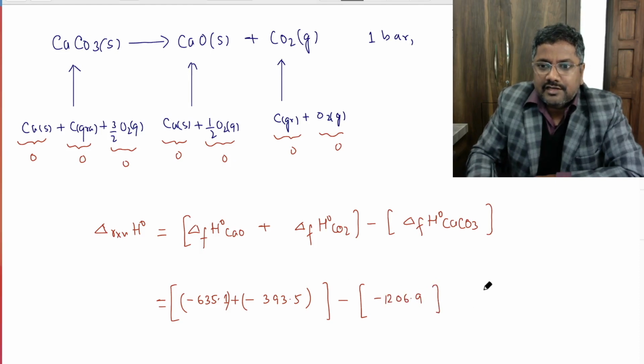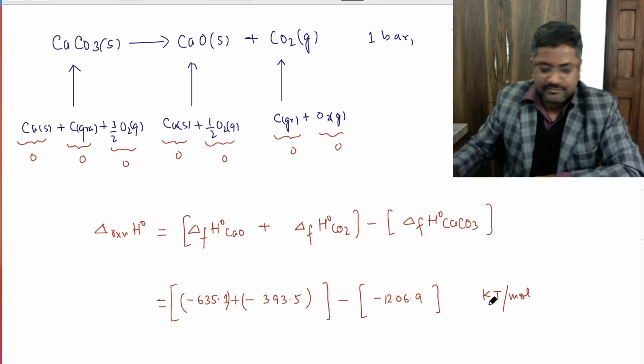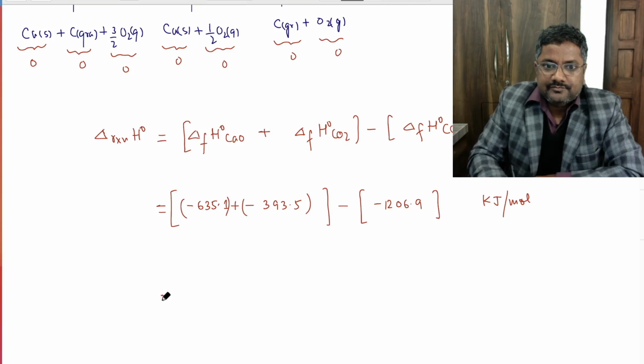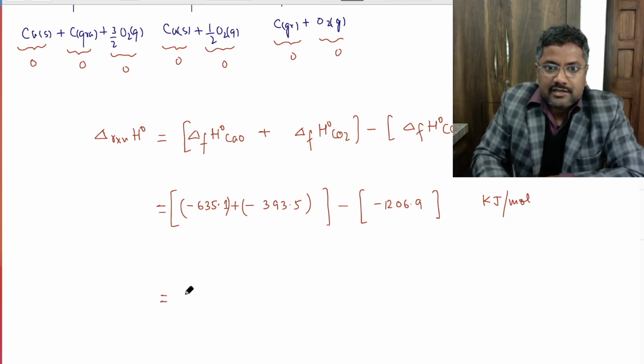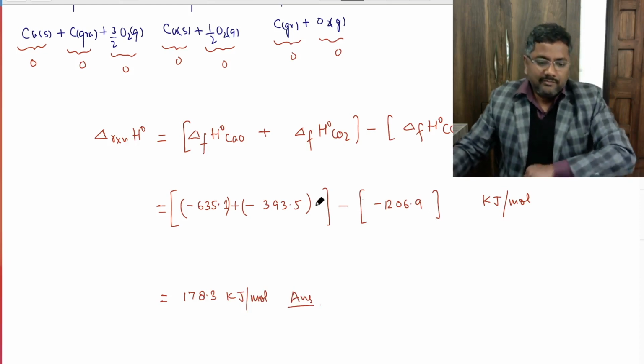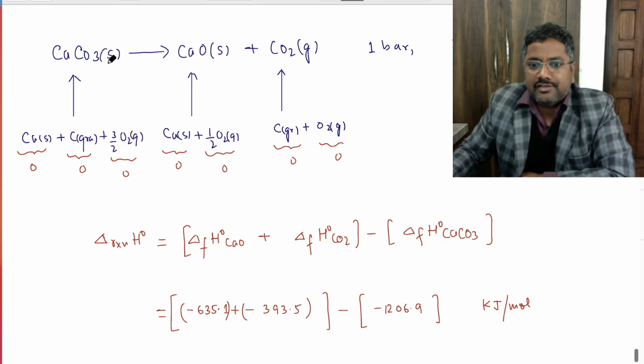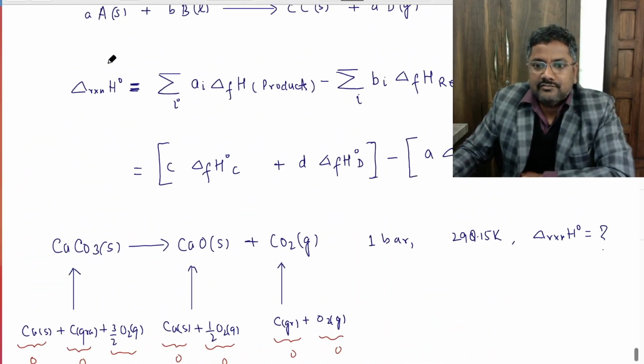All the units are in kilojoules per mole, right? If you simplify this, you get 178.3 kilojoules per mole. This is the enthalpy change for the decomposition of calcium carbonate under this condition.